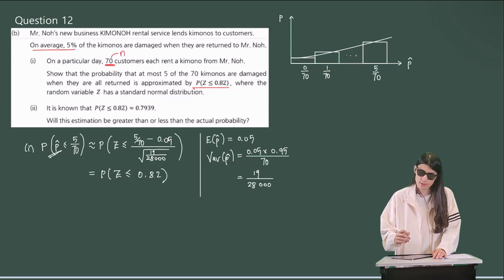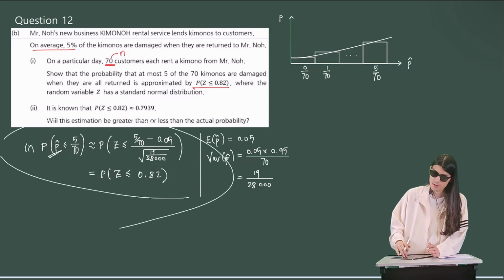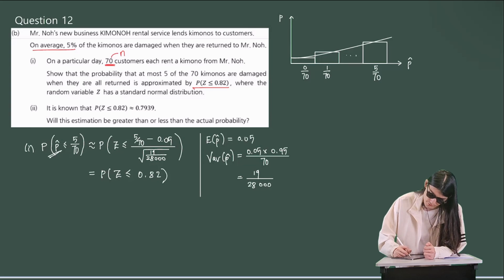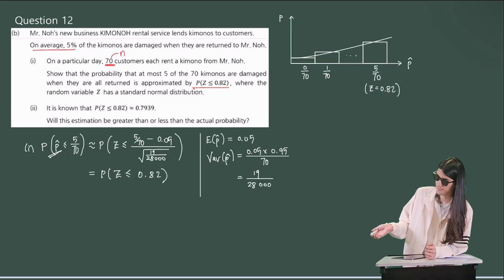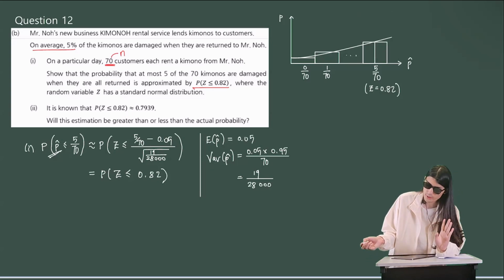Specifically, what we have done in this approximation in part I is that we noted that the proportion of 5 on 70 has a corresponding z-score of 0.82. And then we used the area to the left of 0.82.